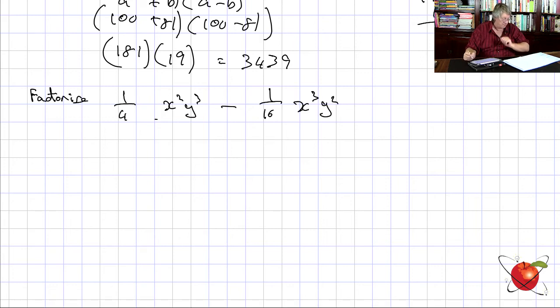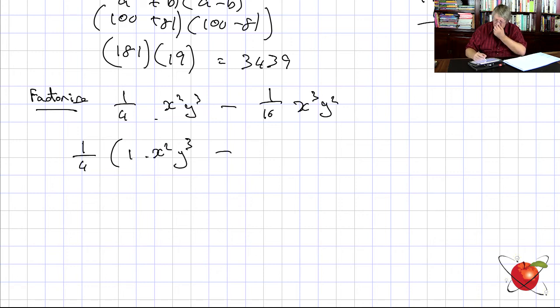Oh my goodness, you say. Sure. Okay, first of all, let's look for highest common factor, shall we? Hold on, that a quarter goes, yes, of course it does, right? I can take out a quarter, can't I? Because a quarter goes, leaving me with 1 x squared y cubed minus 1 over 4 x cubed y squared.